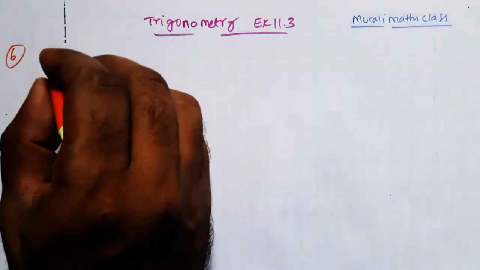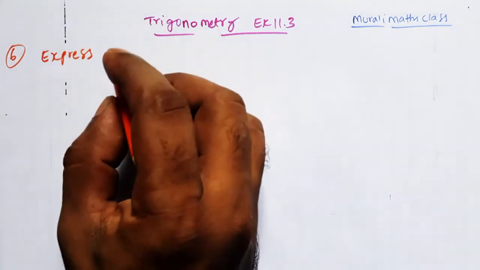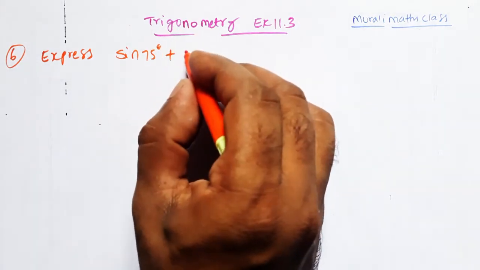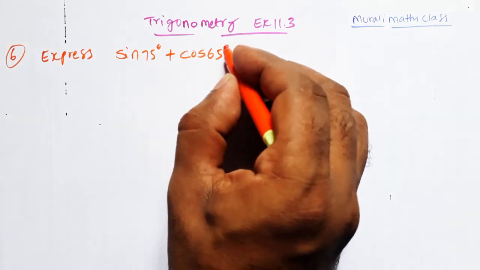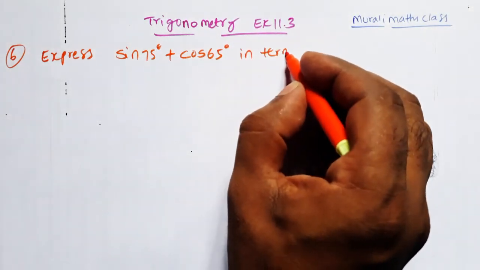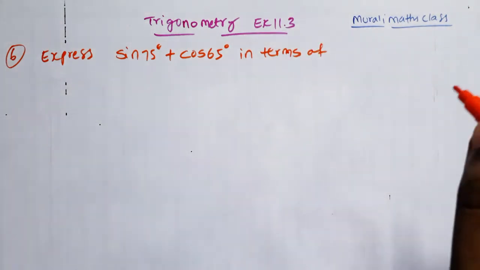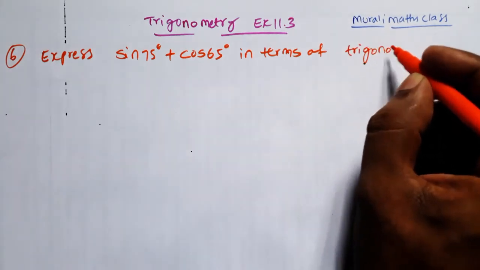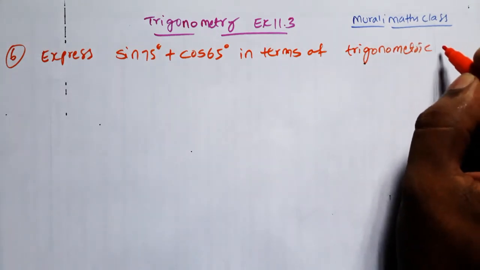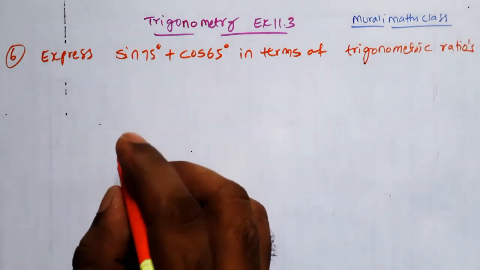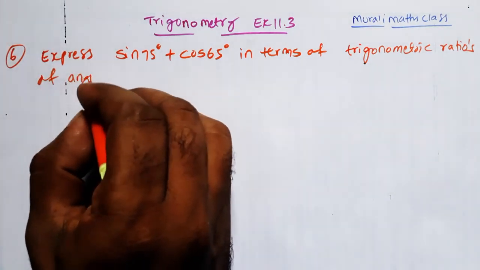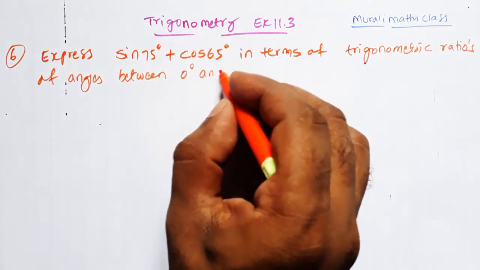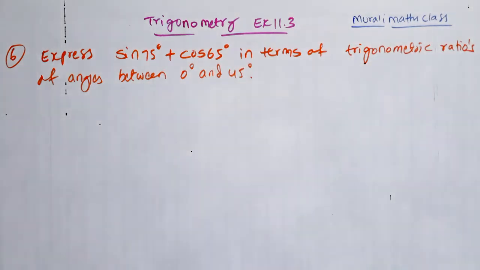Express sine 75 degrees plus cos 65 degrees in terms of trigonometric ratios of angles between 0 degrees and 45 degrees.